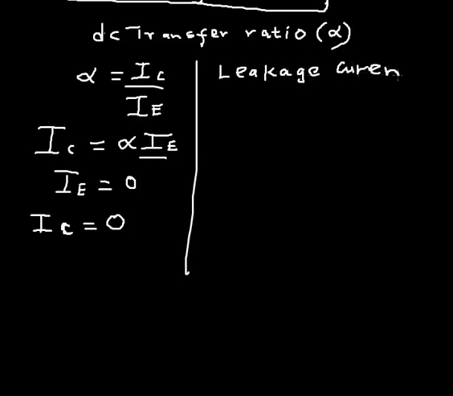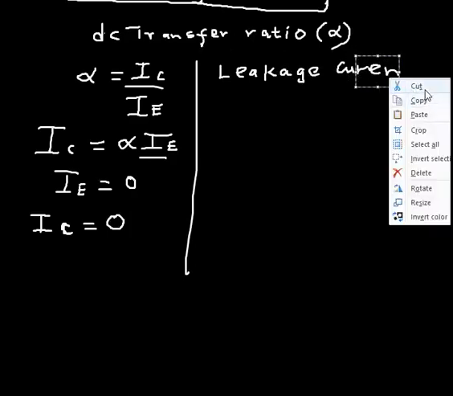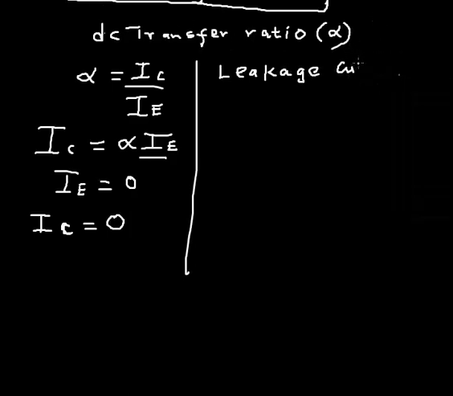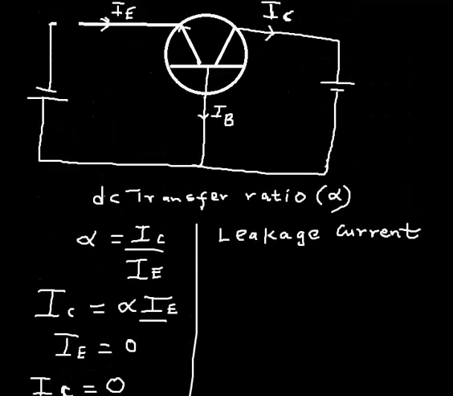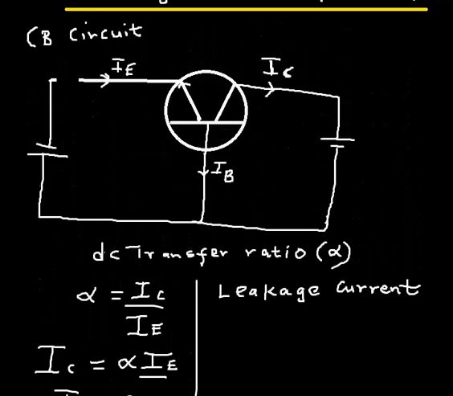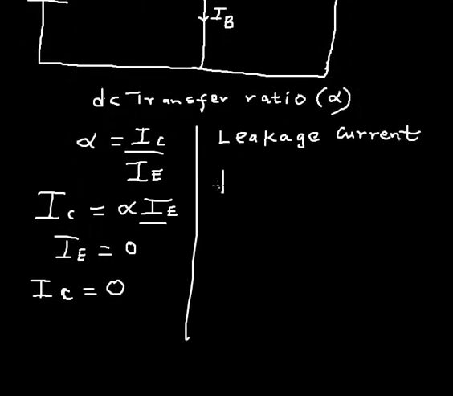So there's bound to be a leakage current recorded at the output of a transistor, even when there's no input. In this common base circuit, I call such leakage current ICBO.